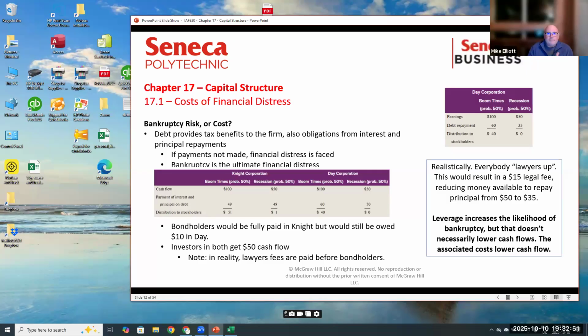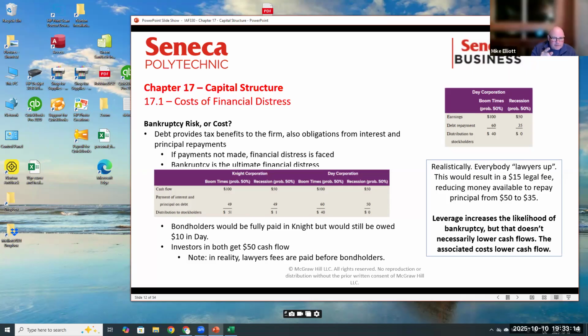Day Corporation has a higher level of debt. The principal on their debt is more. They're not paying 49, they're paying 60. So when we had cash flows of 100 in a good time, we have principal on the debt of 60, distribution to stockholders, $40 available.